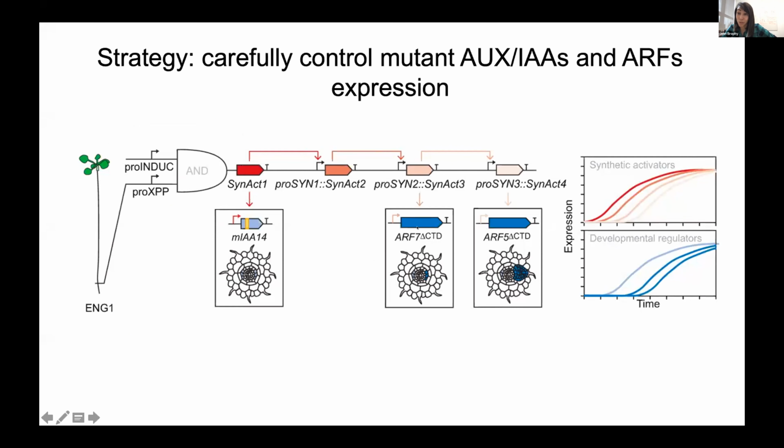I should point out again here, we really don't know if expressing these mutant ARF proteins even in the right cell types in the right order would produce lateral roots, or if there are more aspects of the development that we would need to be able to control. But it's just an example to show you how we might start to do these things. And my hope is that if you started to do this type of engineering, that it would elucidate potentially parts of development that we don't currently understand and don't know that we don't know.